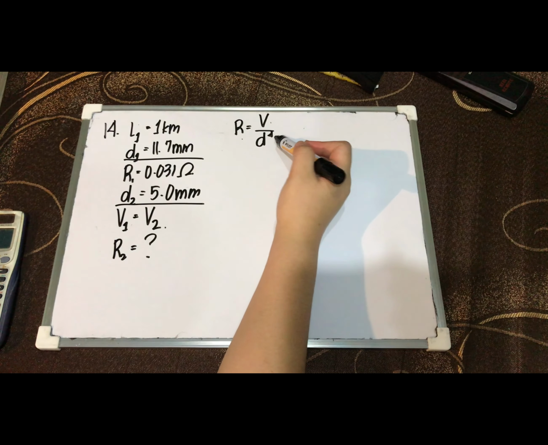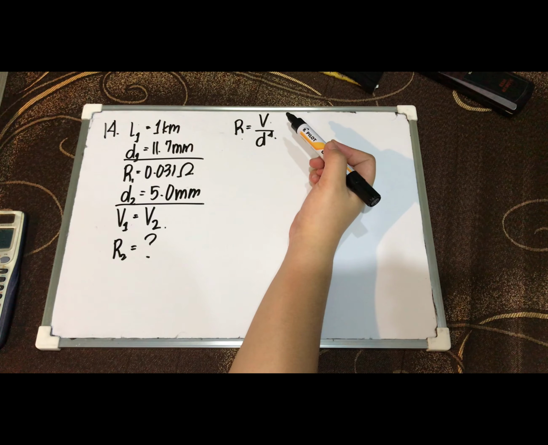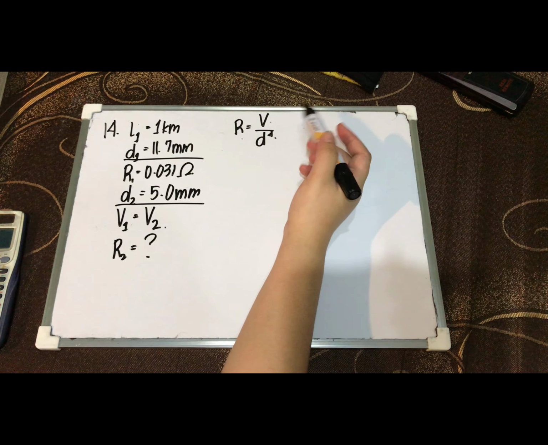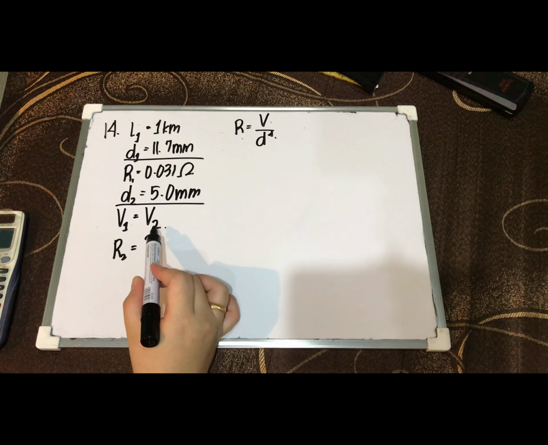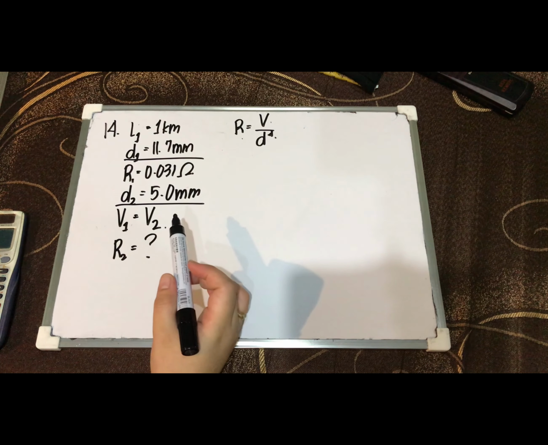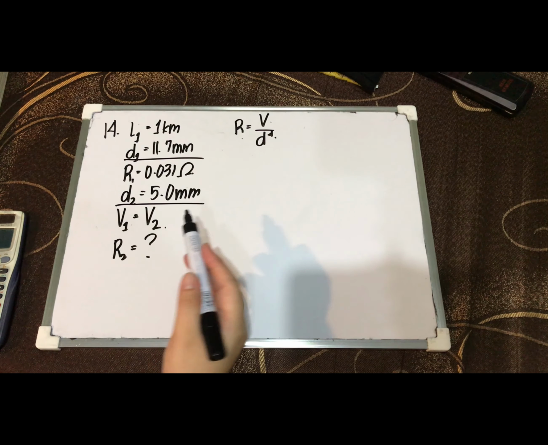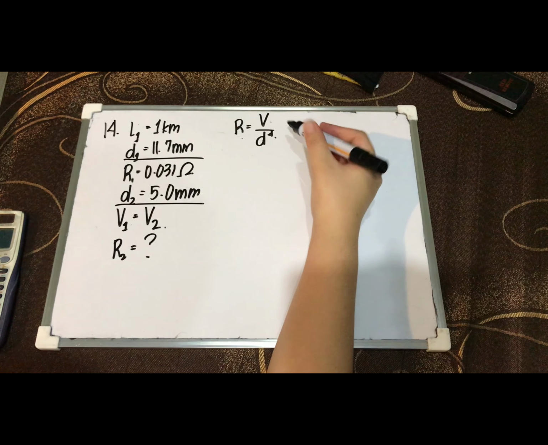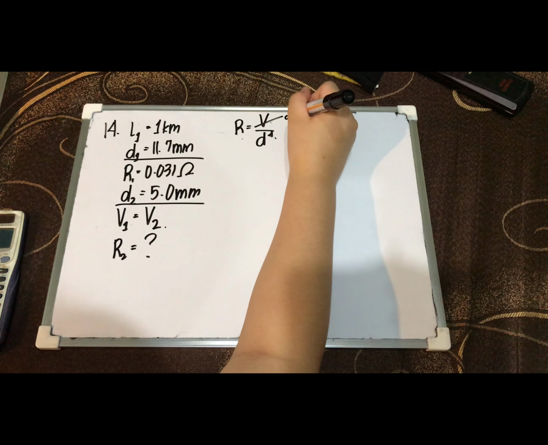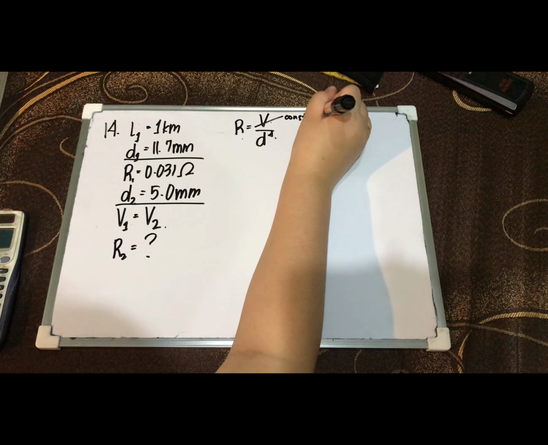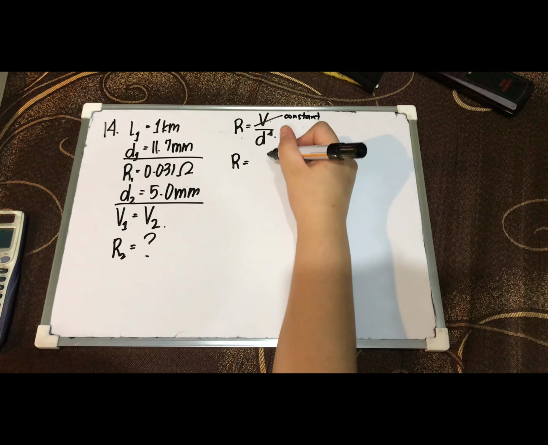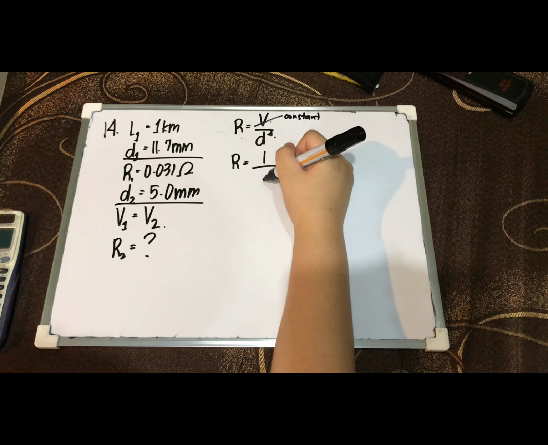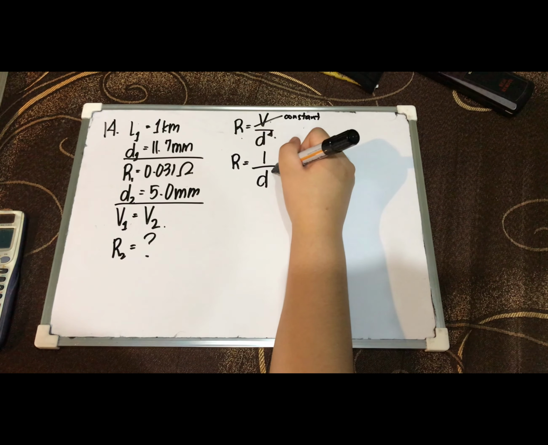So, ito yung gagamitin natin. But, ginamit dun sa problem na ang wire ay drawn ulit. Drawn. So, meaning yung V1 ay equal sa V2. So, ang magiging formula natin dito, since ito ay constant, R is equals to the reciprocal of D raised to 4.